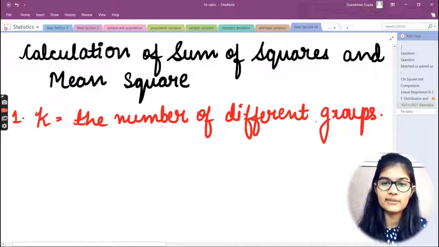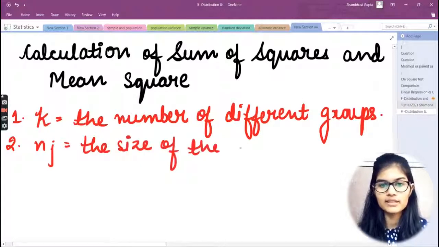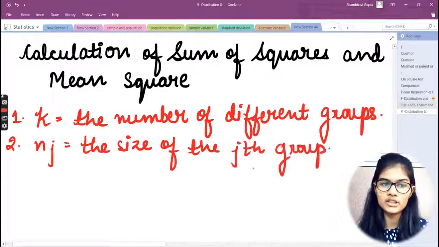So k is basically one of the terms that we are having, and it is the number of different groups. Right, now moving towards the next point, we are having n of j here. Okay, what is that? So that is the size of the jth group.